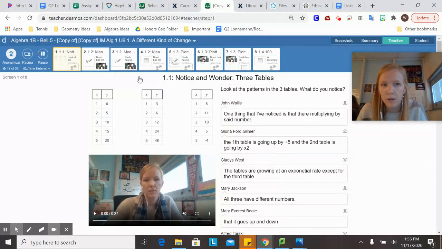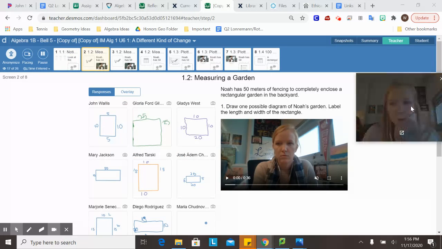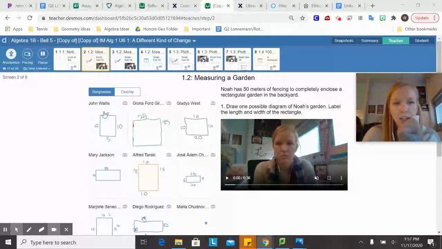And now on this next slide, if it wants to move, there we go. I'm thinking some of us were confused on this. So we needed to draw a rectangle where all 4 sides added up to 50. Like in this rectangle right here, if you guys can see, it's kind of small.